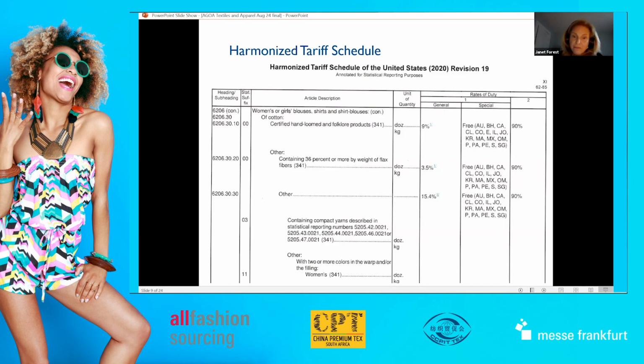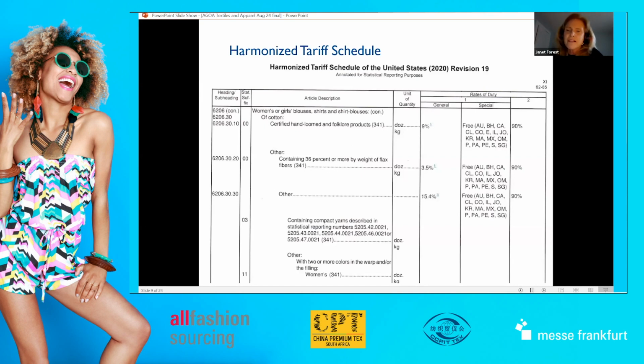However, if it does not have 36% or more flax, it's going to go into the next provision, 6206-3030, and be dutiable at 15.4%. Now, a lot of these items will be eligible for AGOA, but when I get to the discussion of the textile rules of origin, that will make more sense.